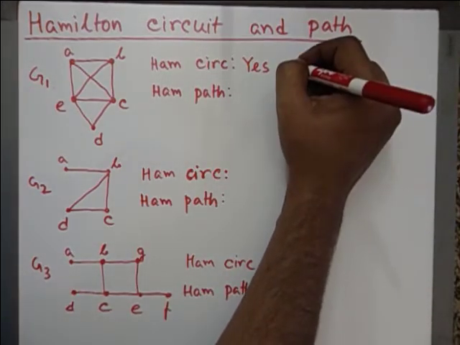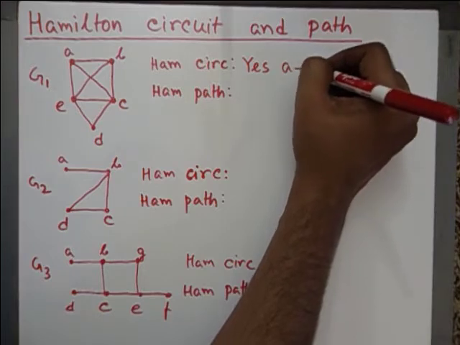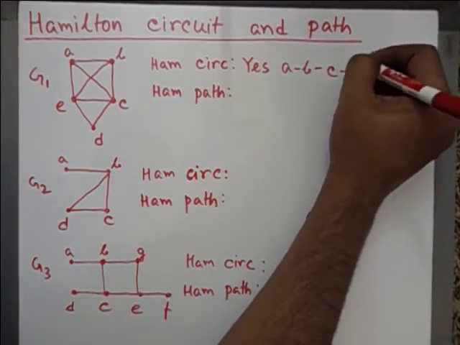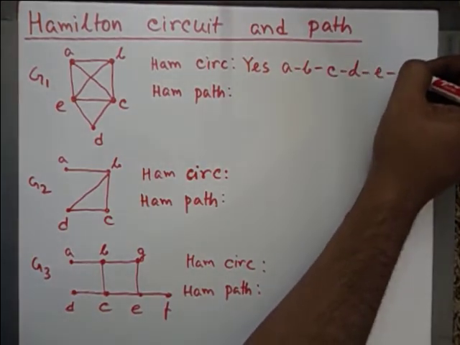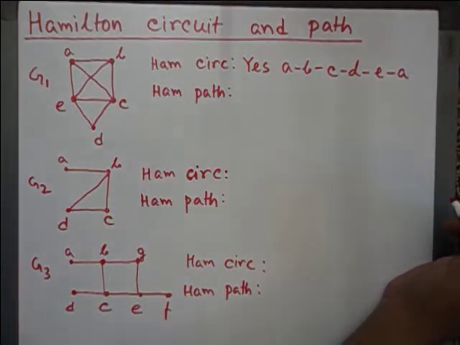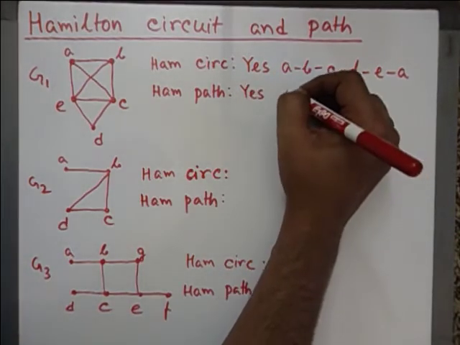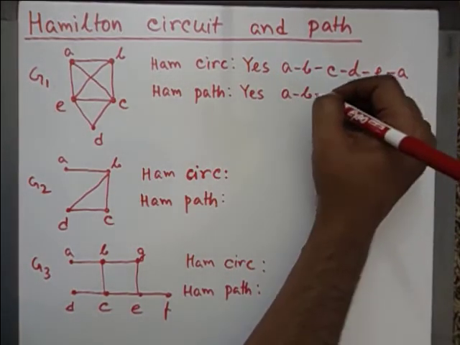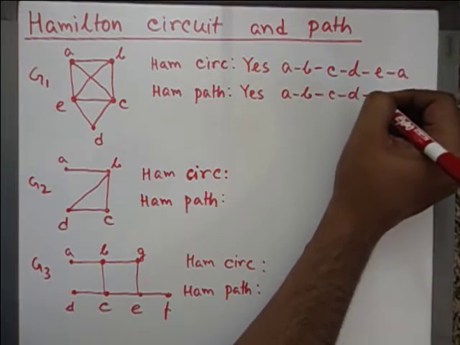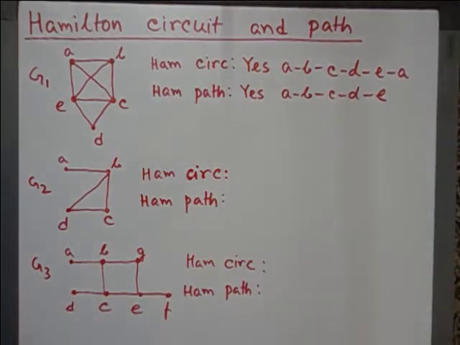For example, you start from A, B, C, D, E, A. Hamilton path? Yes. A, B, C, D, E.